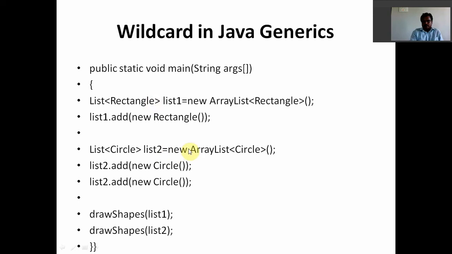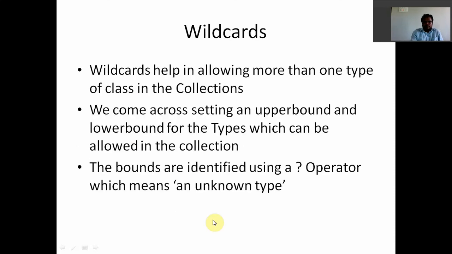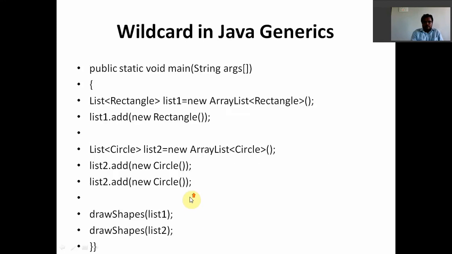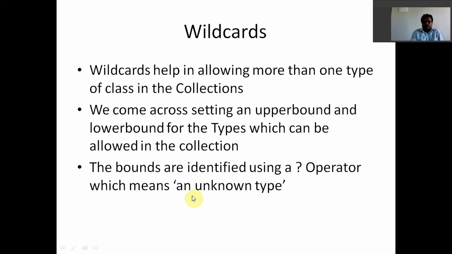List2 is a Circle class type object. Finally, we display the values. Anyway, I will execute the same program and show the output.